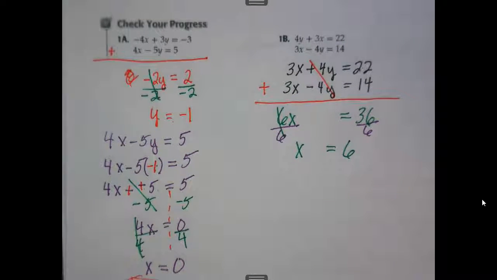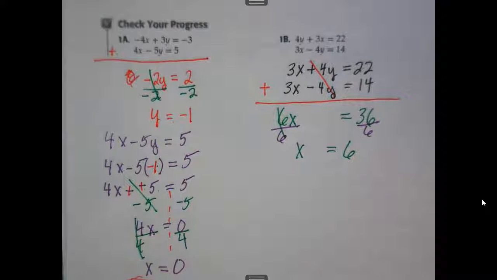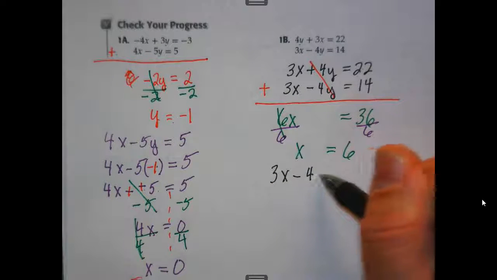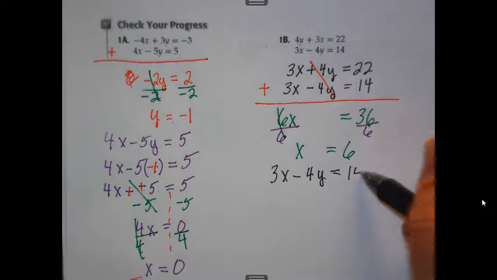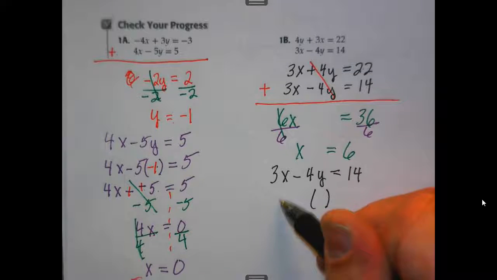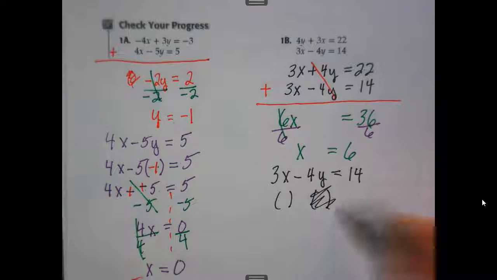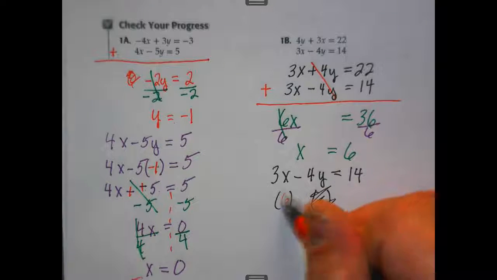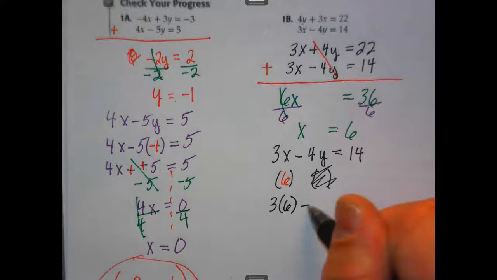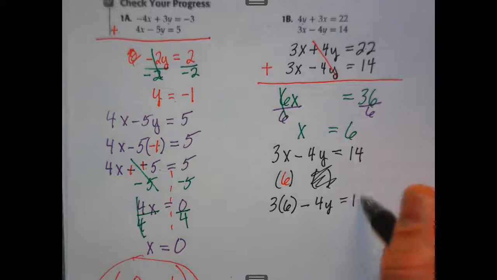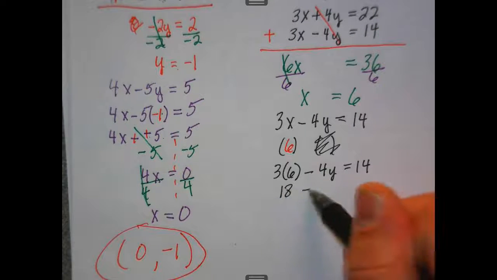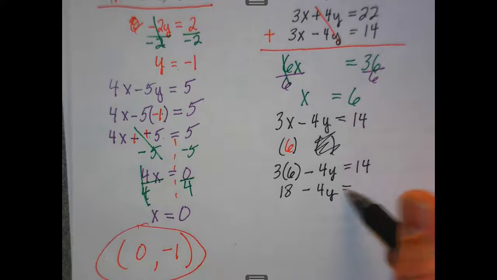Pick one of your original equations. I'll pick the bottom one: 3x minus 4y equals 14. Oh, no, not the y, I have the x. So the x is 6. So I have 3 times 6 minus 4y equals 14. Solve for y. 18 minus 4y equals 14.